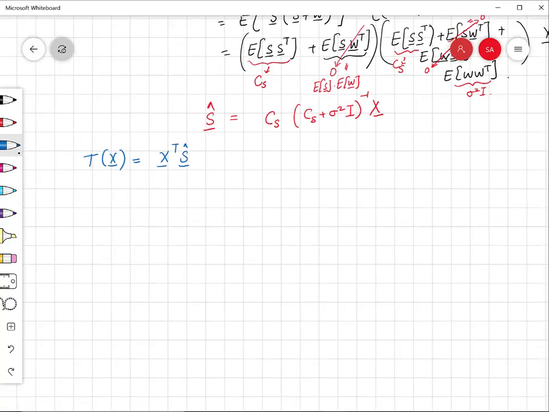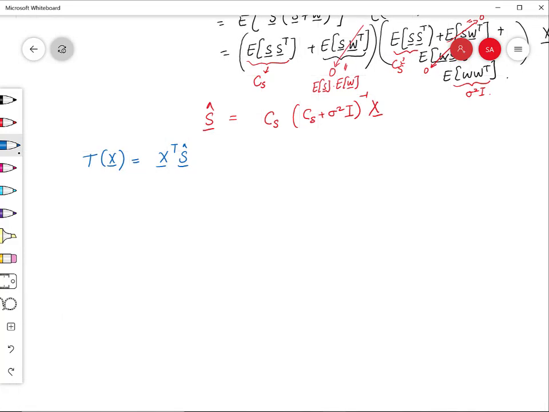S hat is again the estimator of the signal, and what you are going to do is take your input x of n. First you are going to estimate s hat. You get s hat by multiplying x with Cs times (Cs plus sigma square I) inverse.